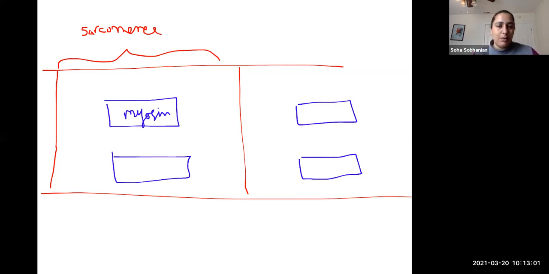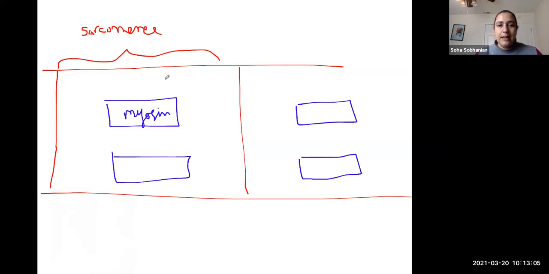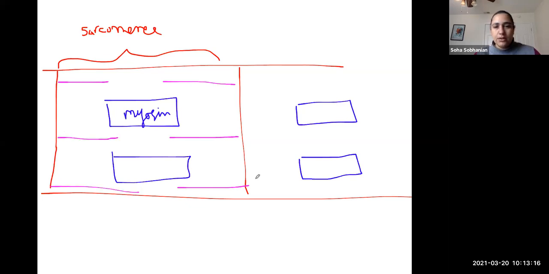So all of the blue are my myosin. And then I have these tiny lines that partially overlap, not fully overlap. Notice they're partially overlapping with my myosin, and they are called what?